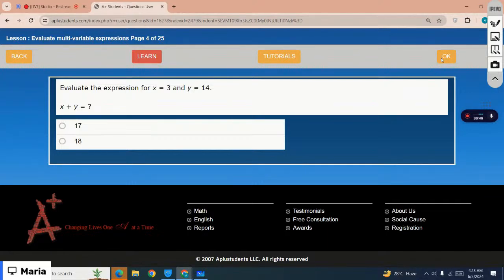The expression is x plus y. So which is the correct option? The correct option is, yes, 14 plus 3 is 17. Option number 1 is the correct option.